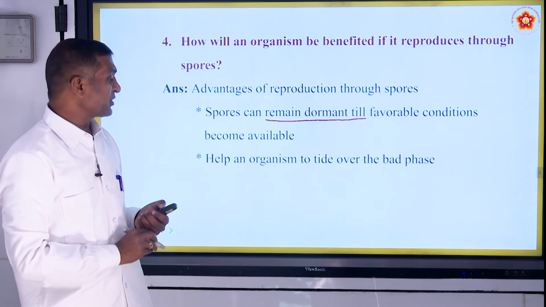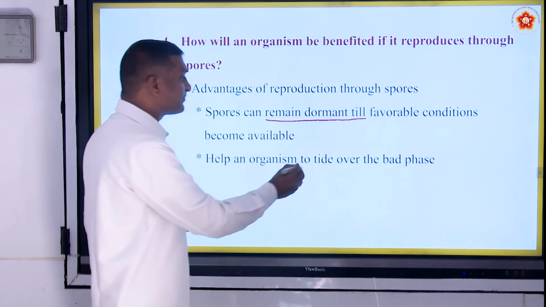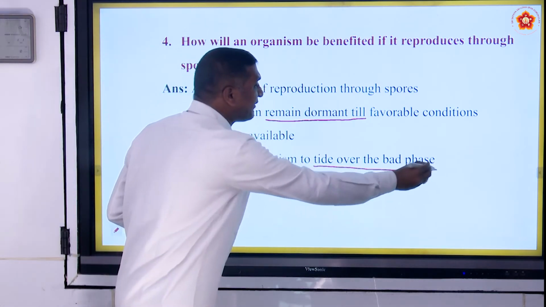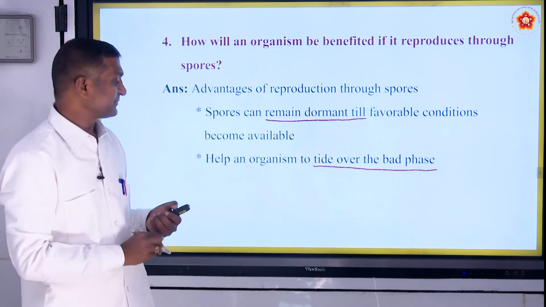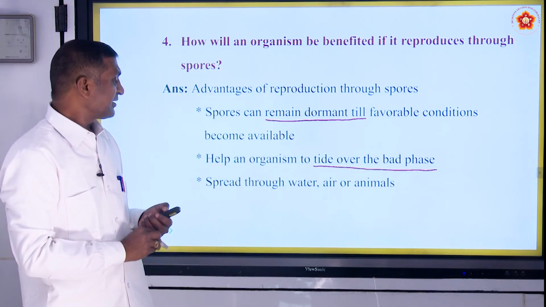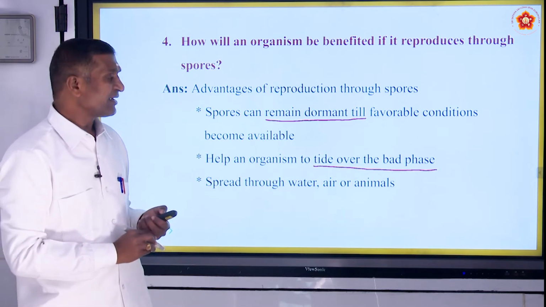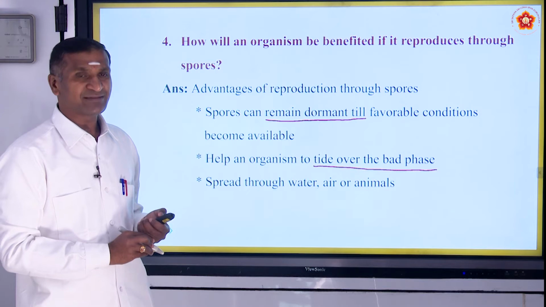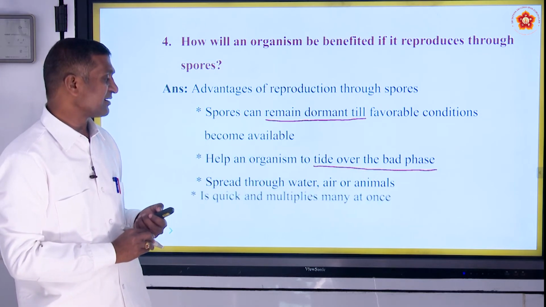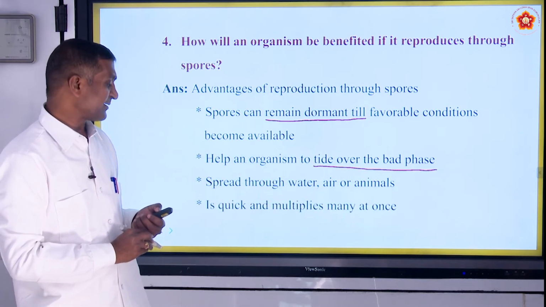Spore reproduction helps an organism to tide over the bad phase, to withstand. It also helps to spread through water, air or animals, which are the modes for the spores to spread.